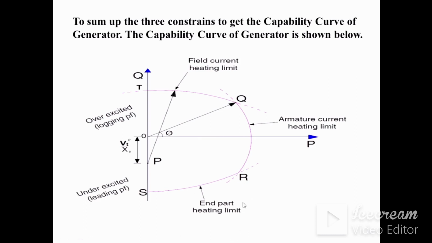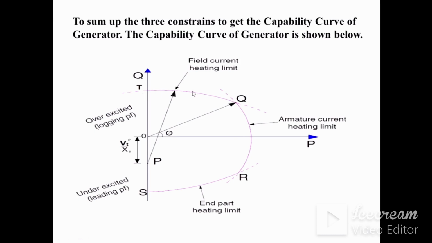And the end part heating curve is seen only in the under excited case, because at the under excitation point your reluctance is very less, and a large amount of flux links up to the end ring of the generator's rotor part, and this causes huge eddy current which gives you high heating, and this will limit the operation.